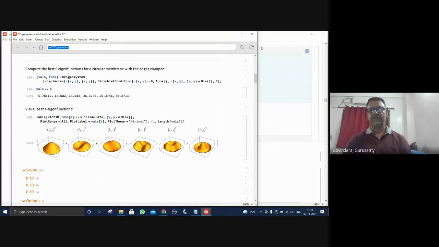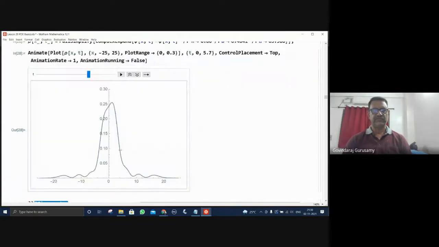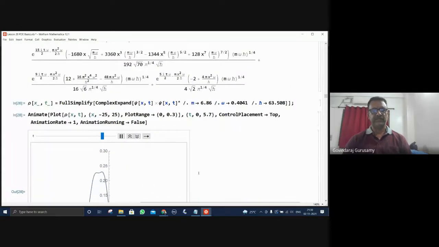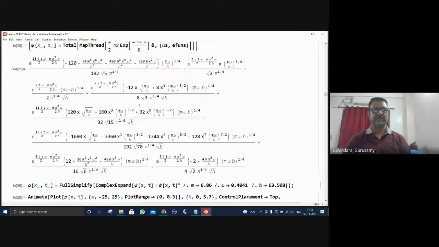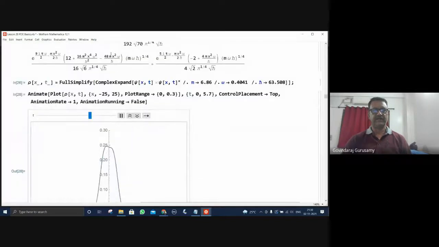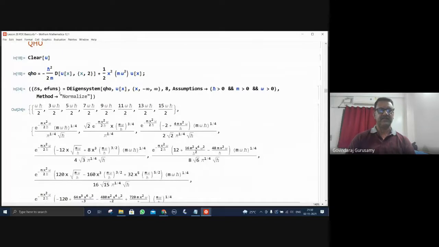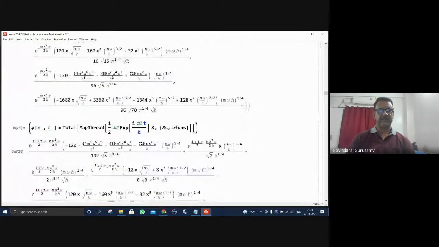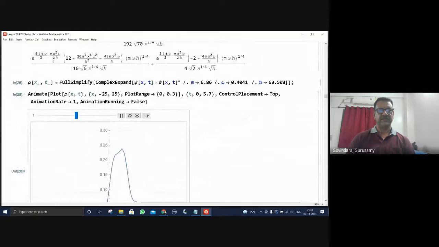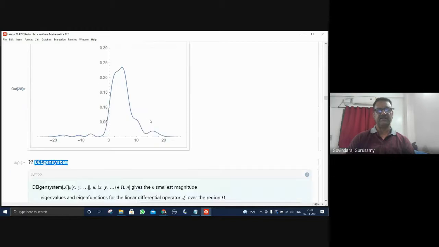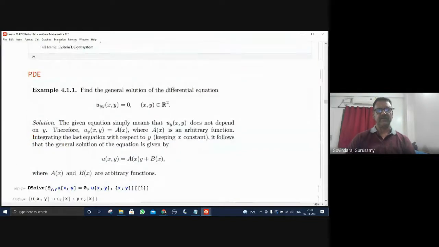I know because when I was trying to do it with Fortran, with ordinary differential equations, separation of variables, and then combining with the time dependent part, it took me so many lines, so many things to write. And here, after going through this, I felt it is just nothing. Just like that, you can get the eigenvalues, eigenfunctions. Then they can be combined and the complex conjugate taken, plotted, and you look at the result. Okay.